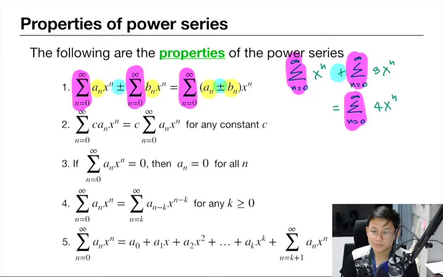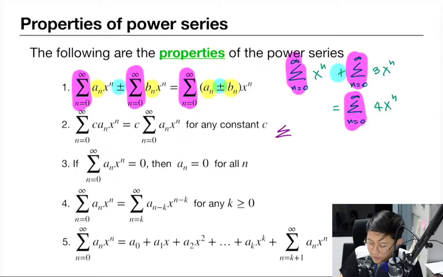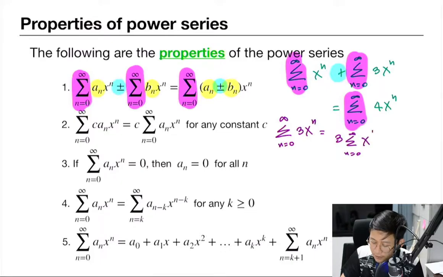Good. The second property is quite easy. You can take a constant out of the series. For example, summation n from 0 to infinity of 3x to the n is the same as 3 summation n from 0 to infinity of x to the n. That's quite simple. You just take the constant out.